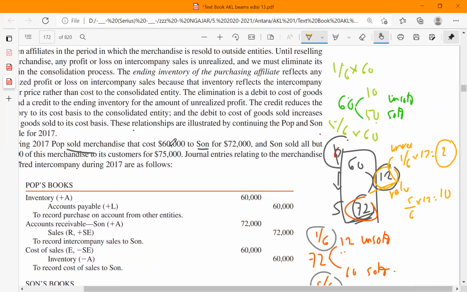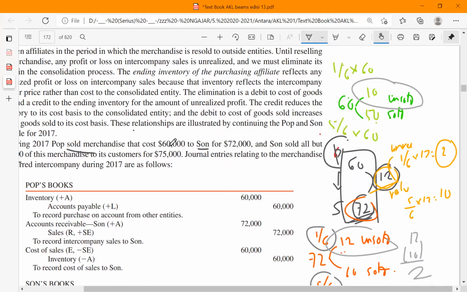Or you can just look at the difference between this number 10 and this number 12, 12 minus 10 is also 2. So we got the number of the unrealized profit here.